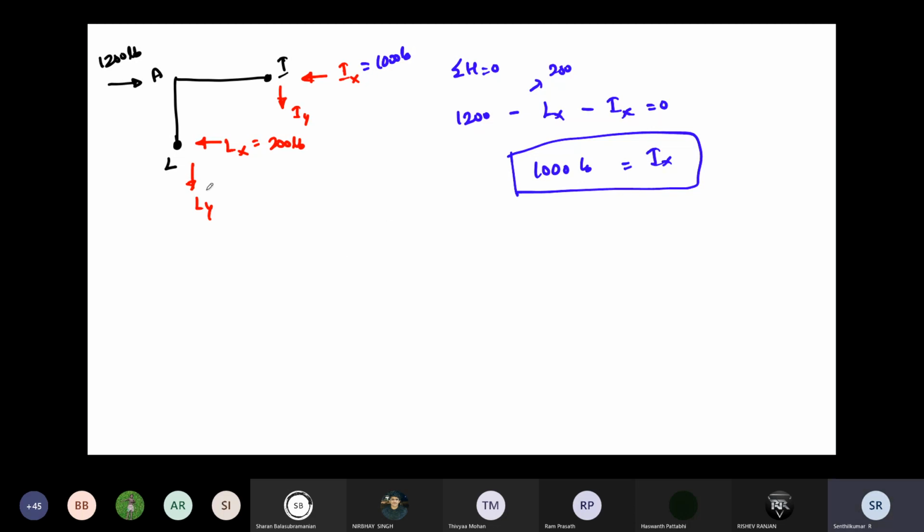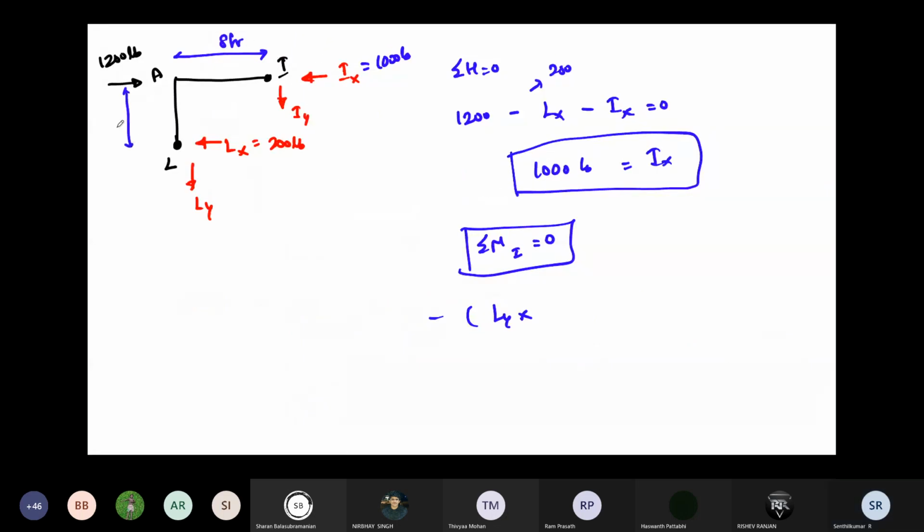Now, next one you have to find out vertical reactions. How will you find the vertical reactions? Ly also we don't know, Iy also we don't know. Then you can take sigma M about I equal to 0 because that is a hinge. Ly is anticlockwise, minus Ly. What is the distance? It is the center of the span. 16 feet means this is 8 feet.